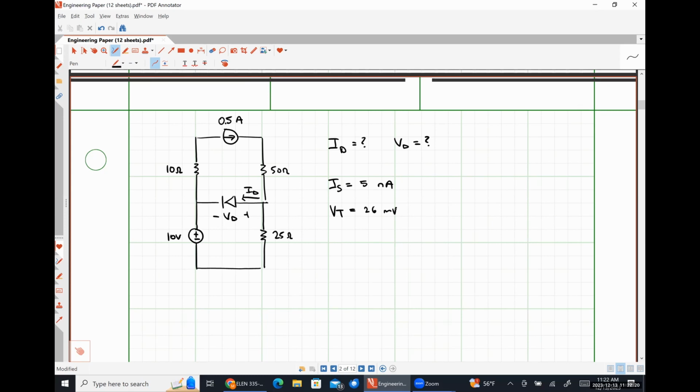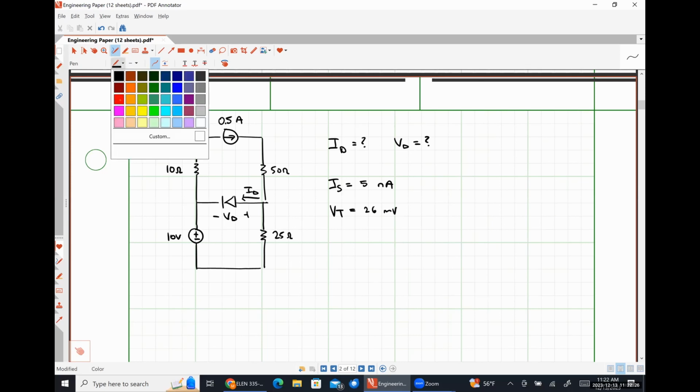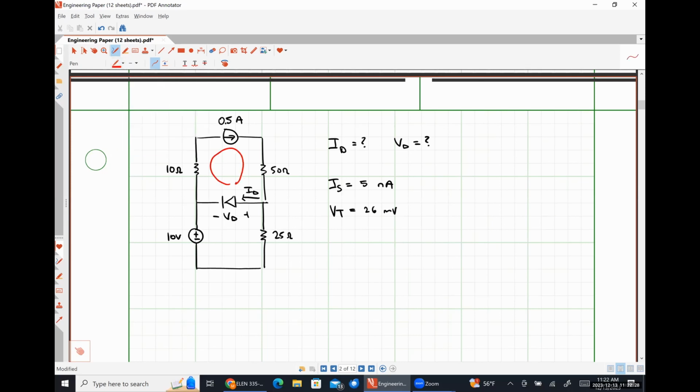Can we do mesh? Absolutely. So let's call this mesh current IA. Let's call this mesh current IB. So let me ask a quick question here. We can't do superposition because we have a nonlinear circuit element.